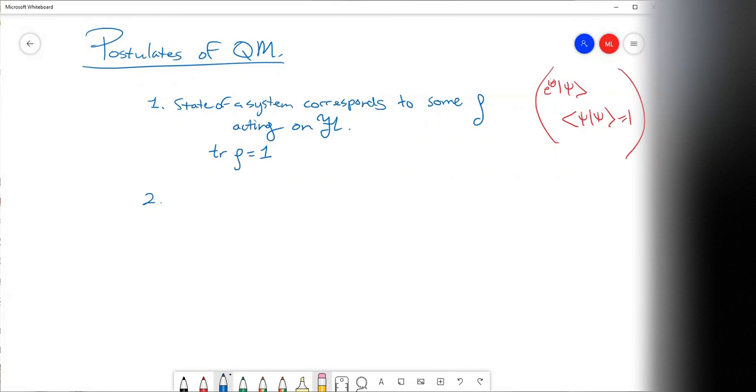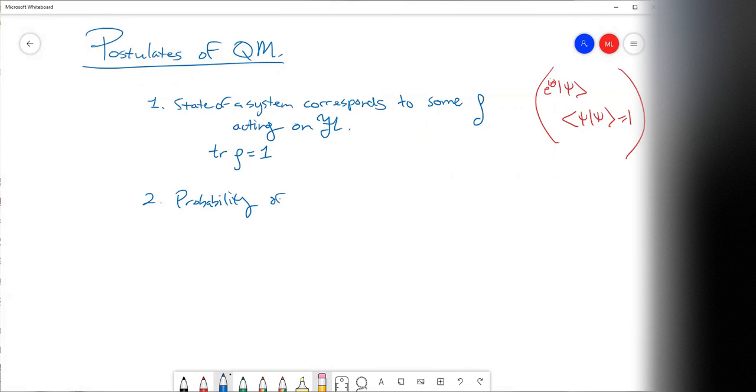Then postulate 2, the probability. So this one's kind of funny. The second postulate, if you recall, had to do with the probability of finding a system in a certain ket. So we have to do that again.